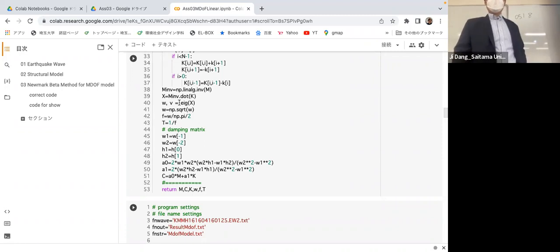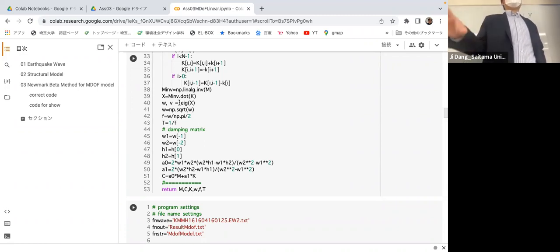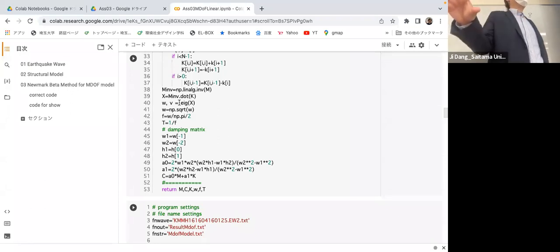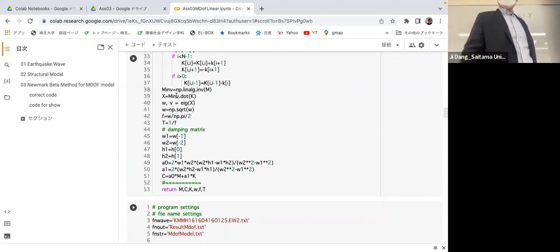So remember, in NumPy, in Python, when you multiply matrix to matrix, or matrix to vector, you use NumPy dot. Here we are calculating the MK matrix, the characteristic matrix, to get the eigenvalue.